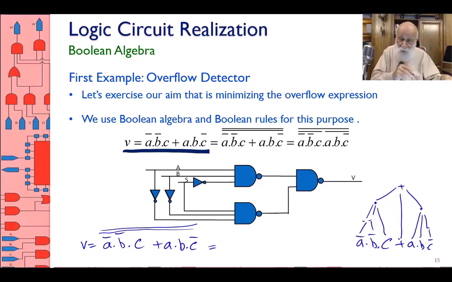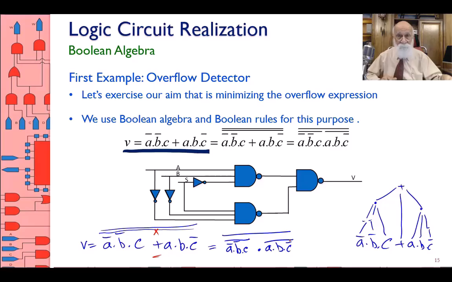Break the bar at its top level operation. What it means is break the bar right here, because the top level operation is this OR here. What this becomes is a bar here, A bar, B bar, C. That's De Morgan's. OR changes to AND, A, B, C bar.